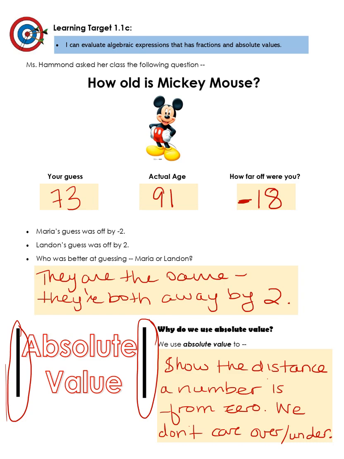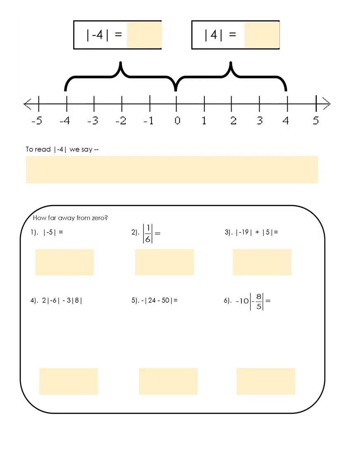So an absolute value tells you that whatever number is inside those absolute value signs, we don't care if it's over or under. We just want to know how far away that number is from 0. So think about this number line right here. We have the absolute value of -4. So that's saying I don't care that 4 is below or above. I just want to know how far it is to 0.